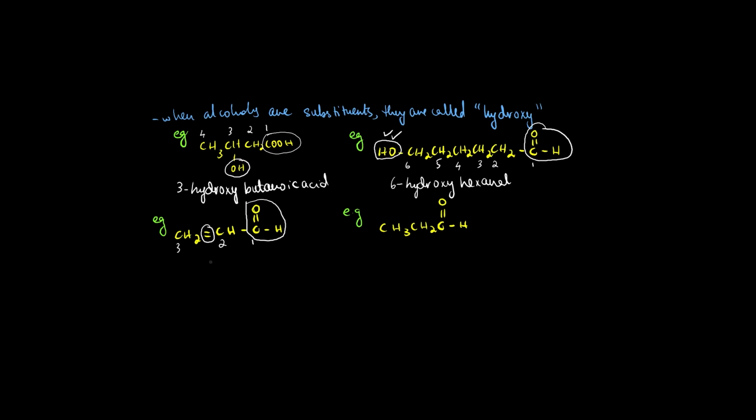So now let's look at the naming. 2-propenal. Okay, now let's study this a little bit because you have to focus on this one. 2 is there because the second carbon atom has the double bond carbon-carbon. Prop is there because there are 3 carbons. E is there because of the alkene.